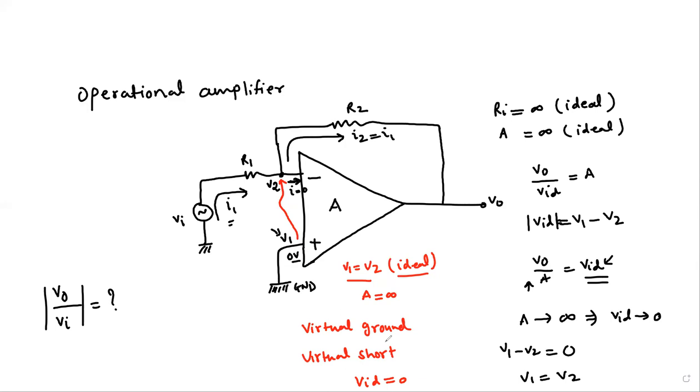Once that happens, we can apply simple Ohm's law and other network equations to derive the expression of the output voltage divided by the input voltage. Ideally it is nothing but the gain, and we'll see what the closed loop gain of this circuit is. So we redraw the circuit.